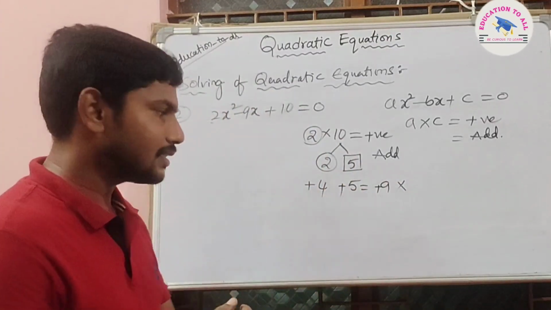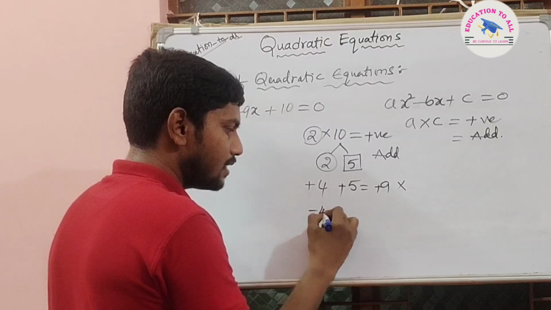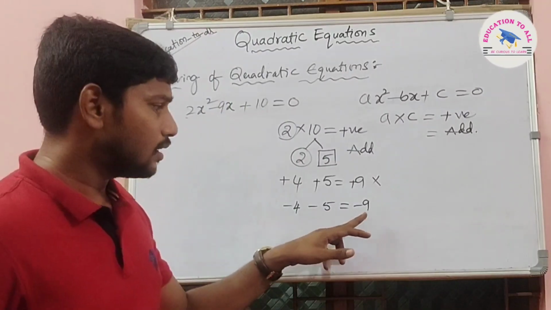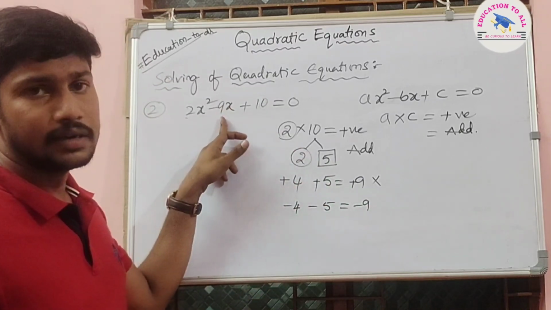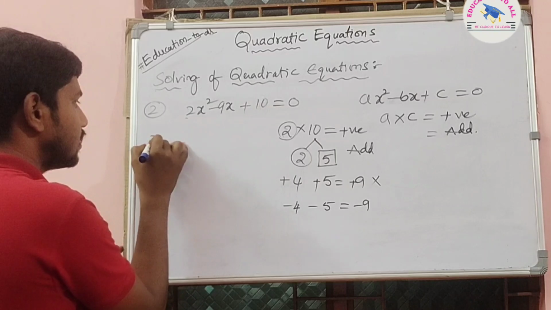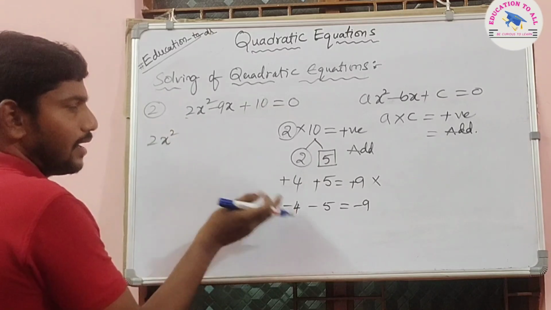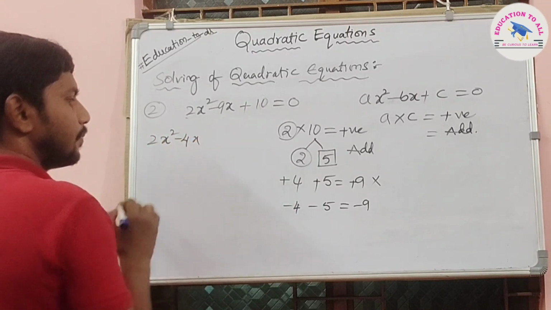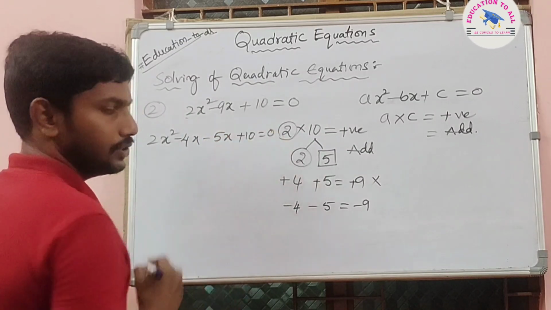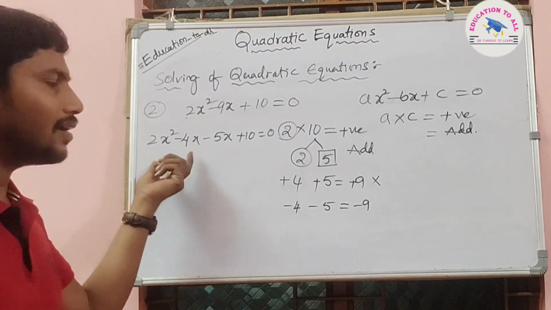So go with another assumption, that is minus 4 minus 5. That will give minus 9. Observe here, minus 9 is the requirement. So that is the absolutely correct way of assumption. So you take 2x square, we can write minus 4x here and minus 5x plus 10 equal to 0. In the first two terms, what can we take common?